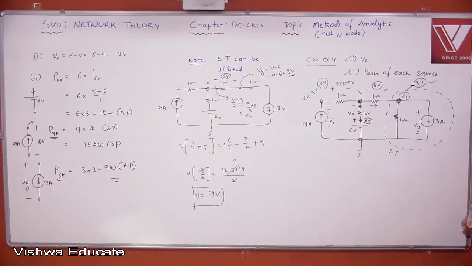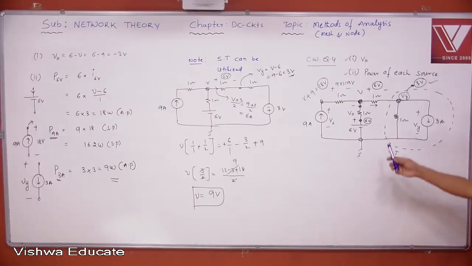Usually we prefer node analysis for our convenience. The calculation becomes very simple and easy when you prefer node analysis, and the confusion is very little. Actually, you don't get any confusion at all when you go for node analysis. That is why we prefer node analysis. But still, we don't compromise on reducing the number of equations. We look for all possible ways to reduce the number of equations.